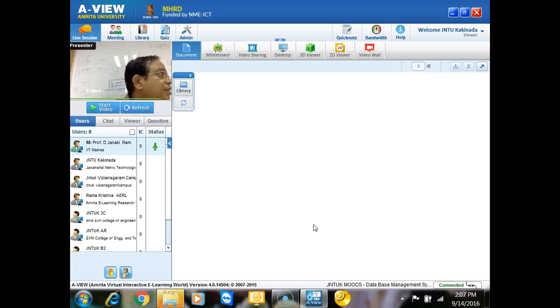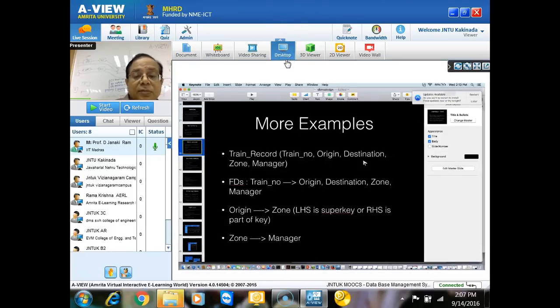Now if you look at this, what are the functional dependencies? Yes, the functional dependencies are these.